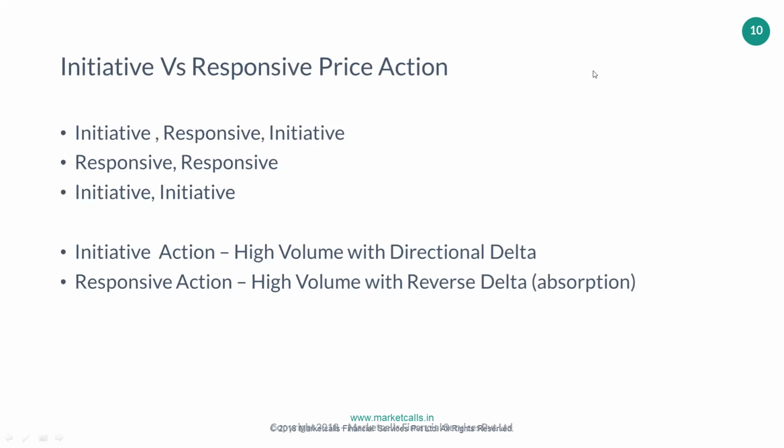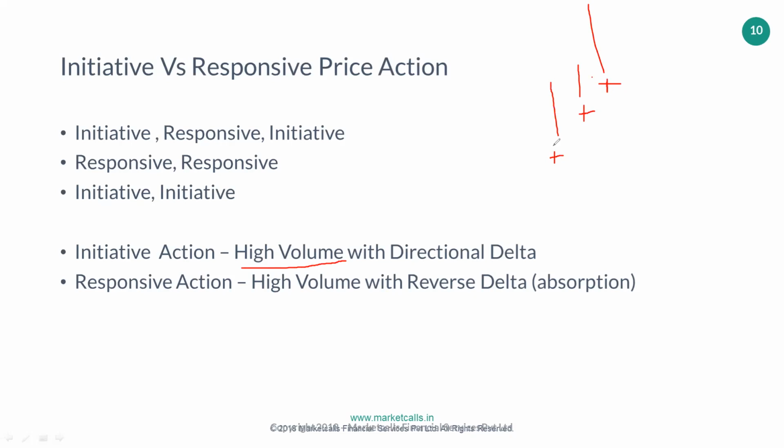But in an initiative auction, let's say an initiative drive is happening, there will be a directional delta drive. For example, if the price keeps going up and up and up, you'll be getting a positive delta over there. The delta becomes positive here, and the delta becomes positive over here. You'll be seeing very good volume transactions over here.